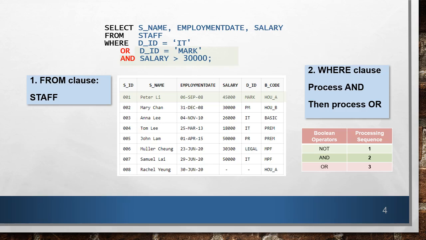When processing the OR operator, it checks whether the individual record meets at least one of the two conditions: DID is equal to IT or the record is Peter Lee's record. As a result, Peter Lee, Anna Lee, Tom Lee, and Samuel Lee's records are included in the results.